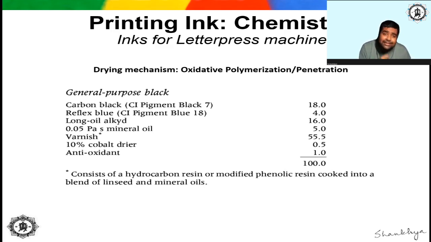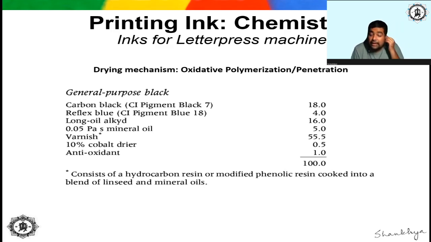In order to increase the saturation, it has been seen that when we add the blue pigment to it, especially reflex blue type of pigment, reflex blue pigment is quite tricky. I had a lot of difficulty in matching when reflex blue pigments were used in color matching functions. Okay, fine. So that is what I wanted to say over here, that in order to increase the saturation of the black ink, sometimes blue pigments are charged.